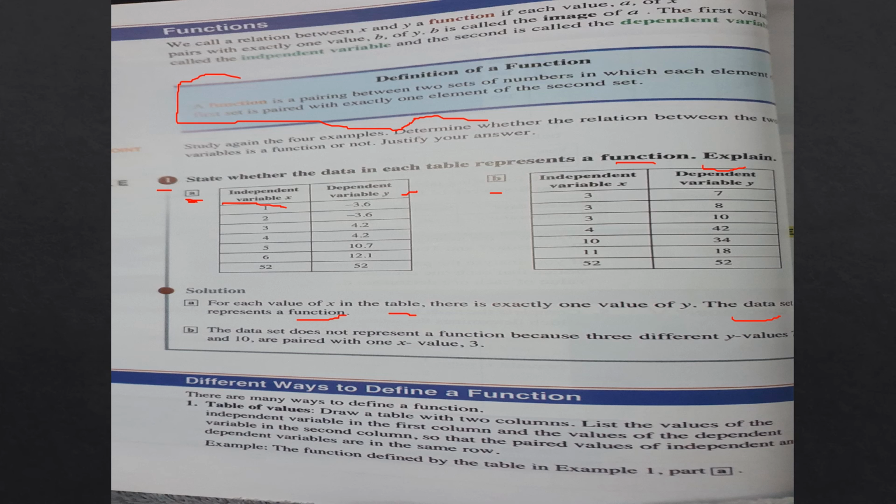For B, the data set does not represent a function. Why? Because 3 different y values are paired with the one x value 3. So we have repeated numbers, so it's not a function. If we don't have any repeated numbers, it is a function.